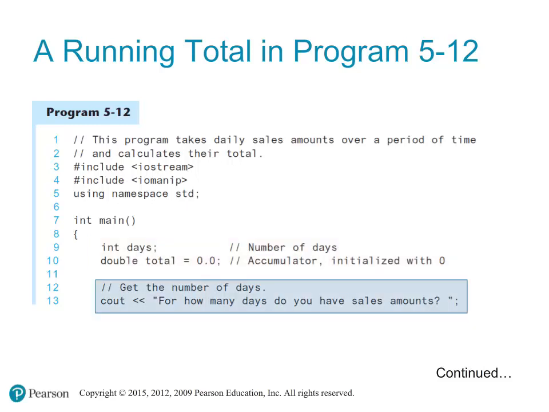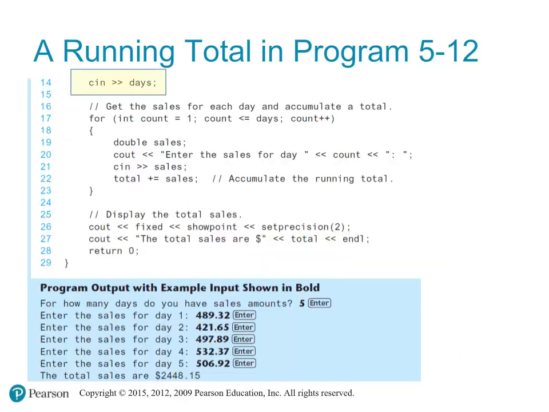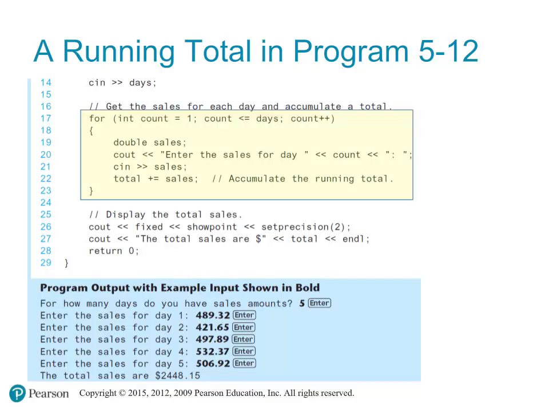The program prompts the user to enter the number of days for which they have sales data. It gets days input from the user. A for loop iterates from 1 to days: for int count = 1; count <= days; count++.